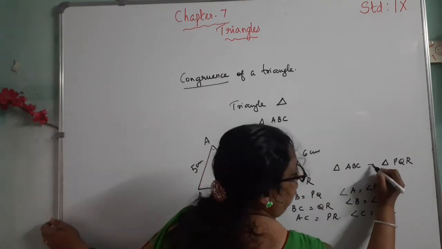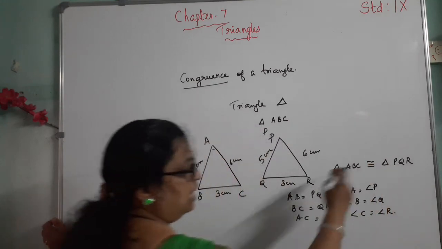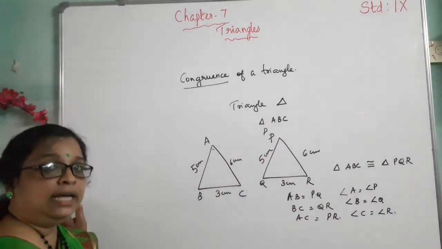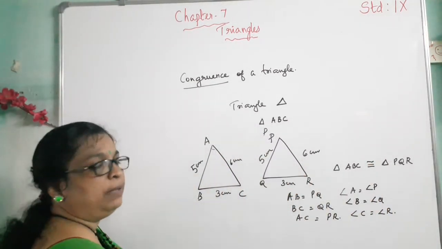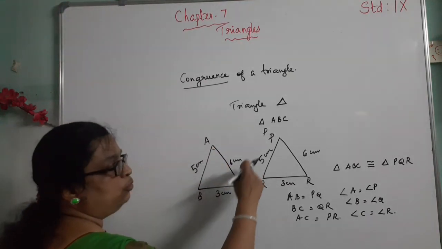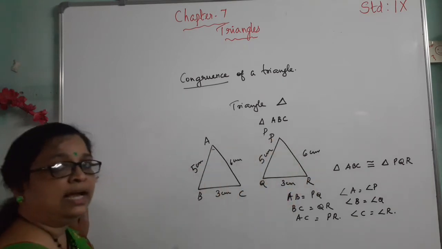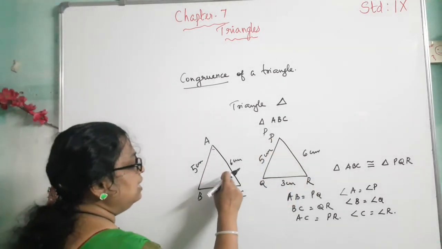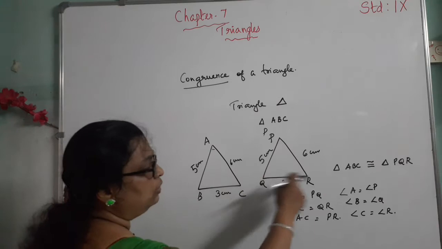And this symbol shows congruence. Triangle ABC is congruent to triangle PQR means the 3 sides of triangle ABC are equal to the 3 sides of triangle PQR, and the 3 angles of ABC are also equal to the 3 angles of PQR.